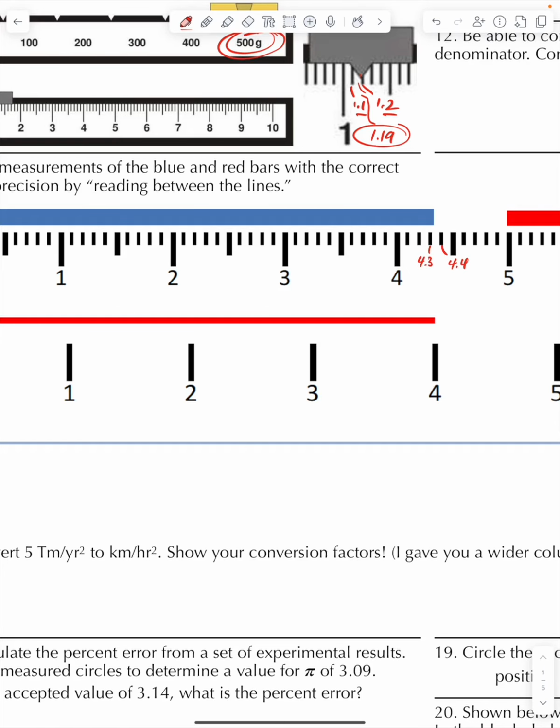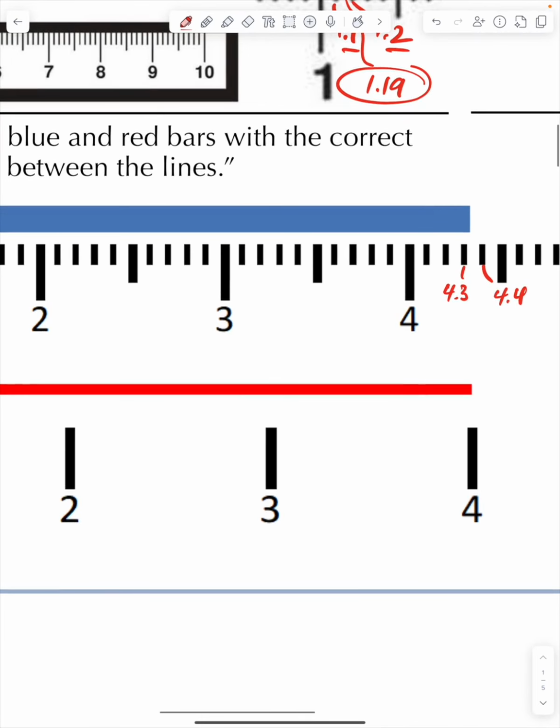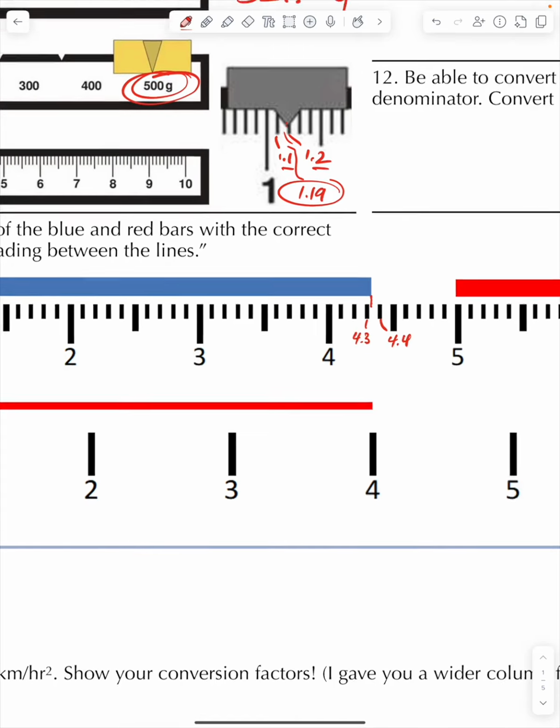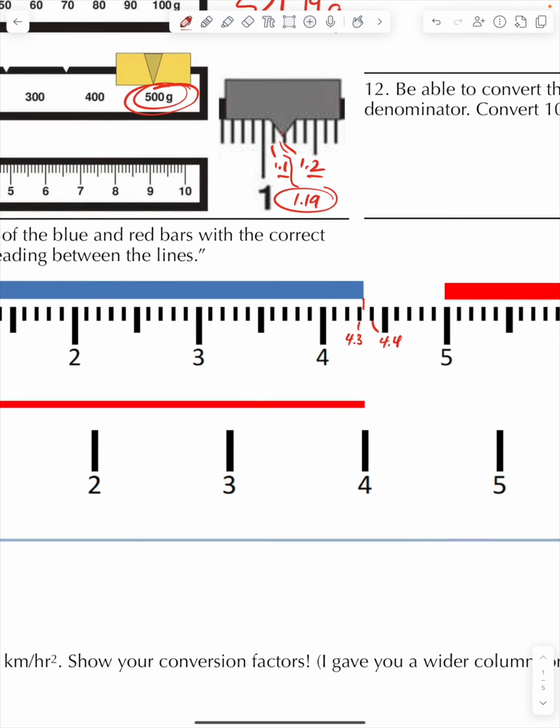So we're in between 4.3 and 4.4. We're making a guess between those two. Let me zoom in a little bit more. That looks like it's not quite on the line. It's about right here. I'm gonna go ahead and say that's maybe at the 1. So notice I need to go one more digit. It's marked to the tenths place, 4.3, but I need to go one digit farther, so 4.31 centimeters, because that's in centimeters.